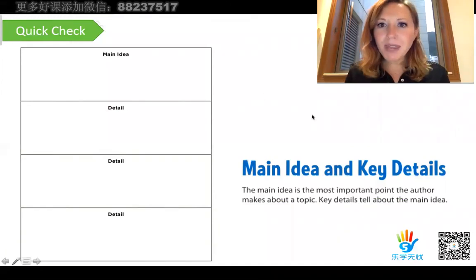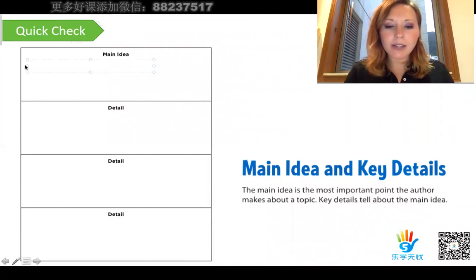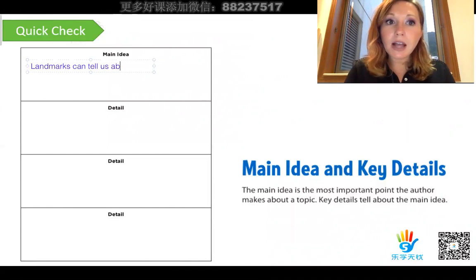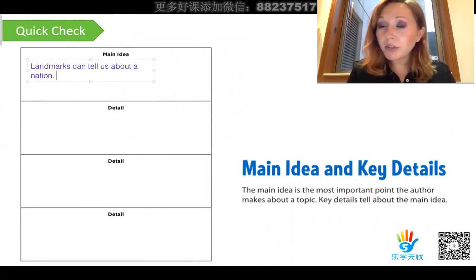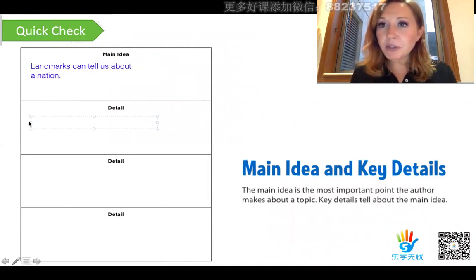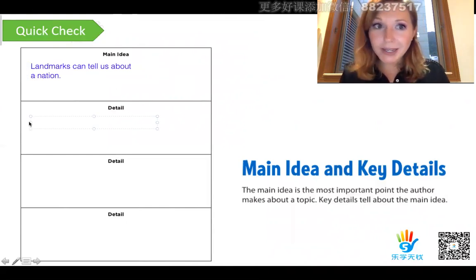All right, so the main idea of this story is that landmarks can tell us about a nation, right? It can tell us a lot of important details. So let's think about some details from the story that support this idea.